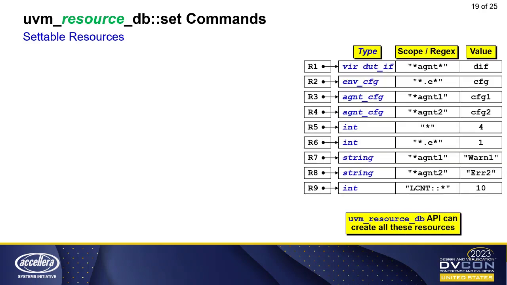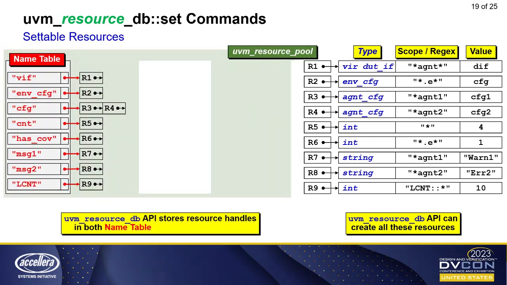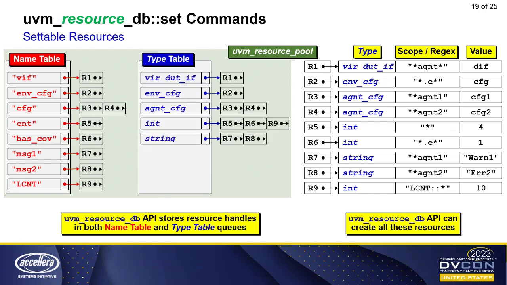When it comes to set commands, the UVM resource DB API can create all of these resources. The UVM resource DB API stores handles in both the name table and in the type table queues.